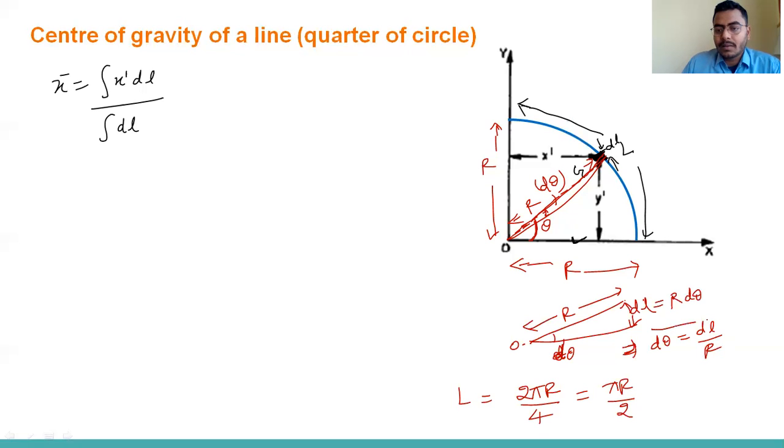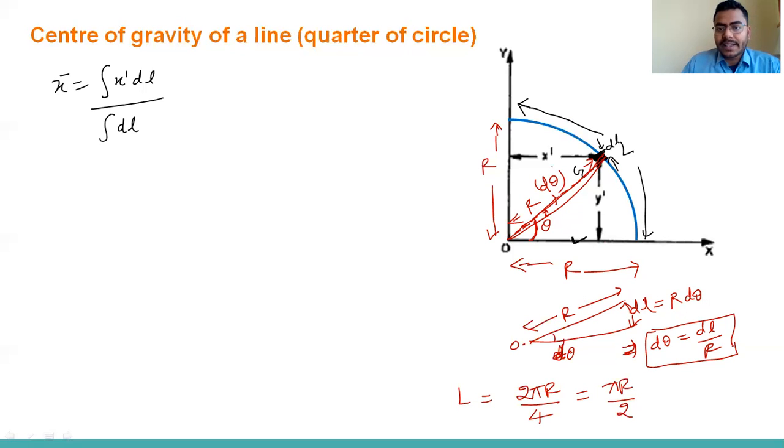By using this formula, I'm writing dl is equal to r d theta. It means that the small length dl of this arc occurs due to the change in a small angle, d theta, at the center.